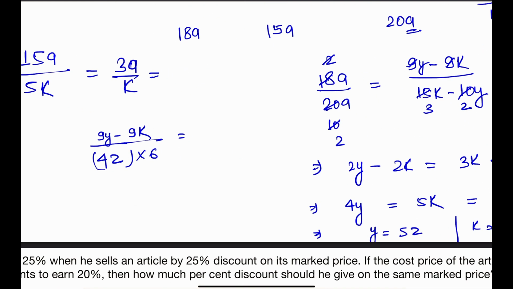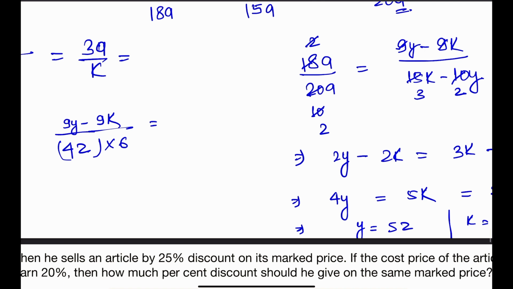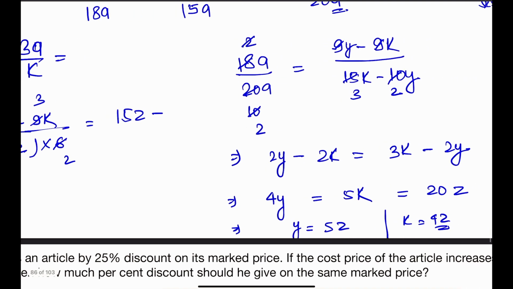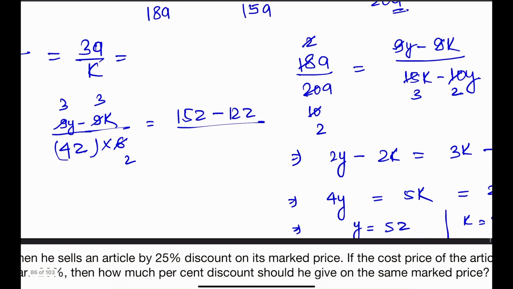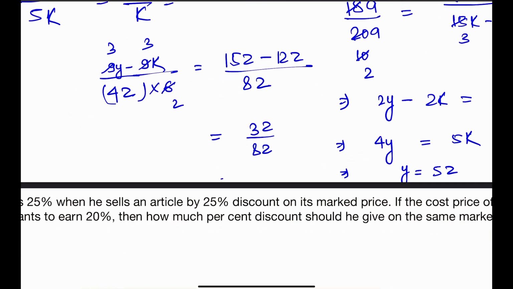So let's put the value of y. So y equal to 5z, so 15z minus k equal to 4z, 12z divided by 8z. So eventually this will be 3z upon 8z. So my ratio is 3:8.